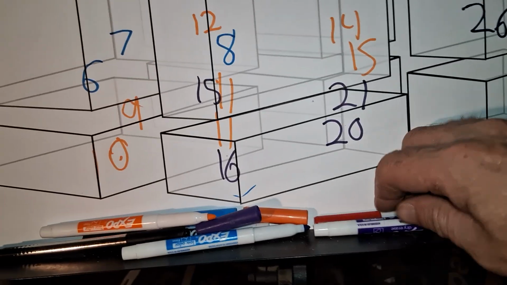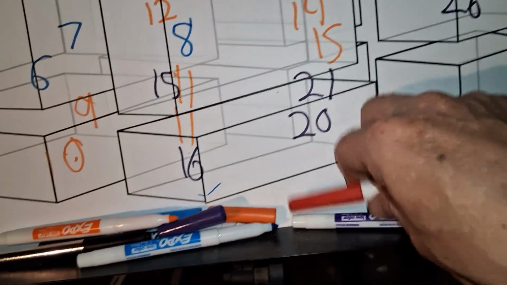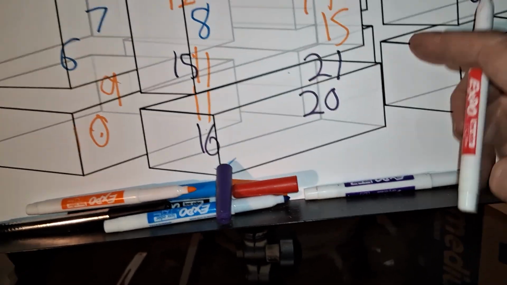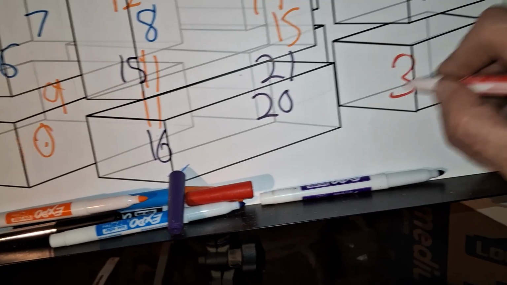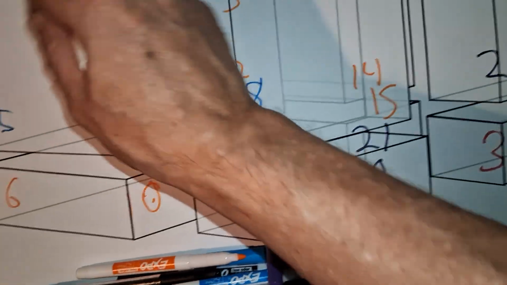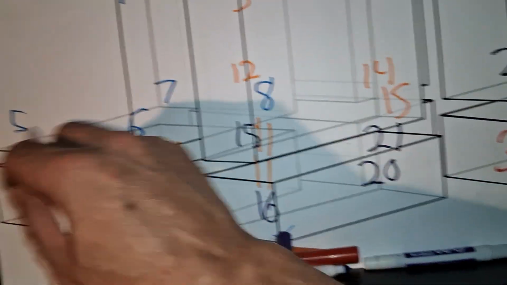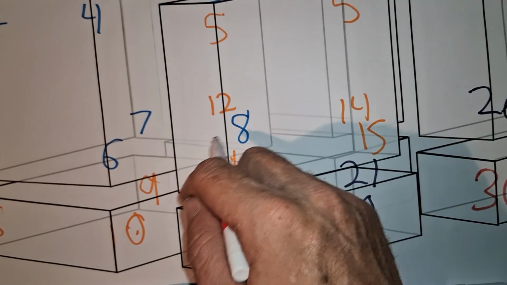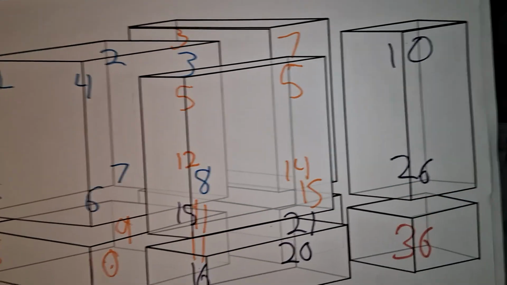And all this equals 36. You'll find 1, 2, 4, 3, 5, 7, and 6, and 8 should be 36.